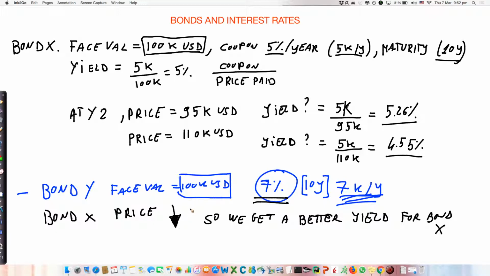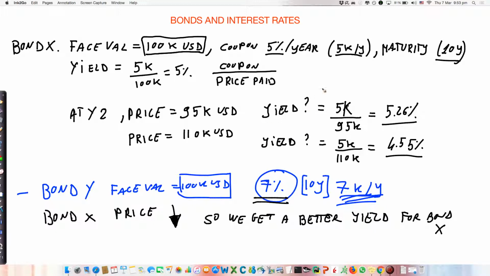For example, we have to take into account the fact that the bond is paying us some coupon every year, but the value of the money is not the same every year. So, for example, 5K paid now doesn't have the same value as 5K in 5 years, right? Because money later is worth less because of inflation and all these things.